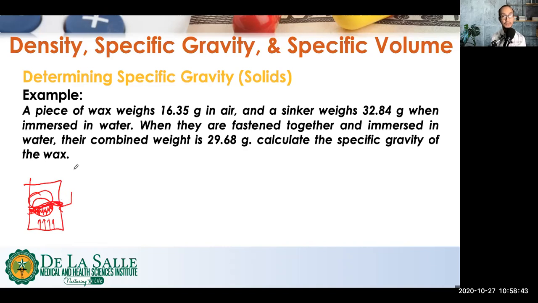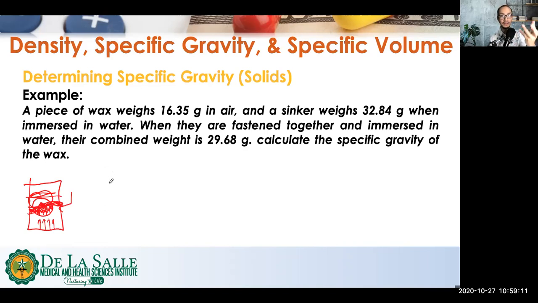For you to be able to do that, you put a sinker on the object to fully immerse it in the liquid. For example, when you played sipa before, the tansa is a sinker. It pulls down any object that may float in water.